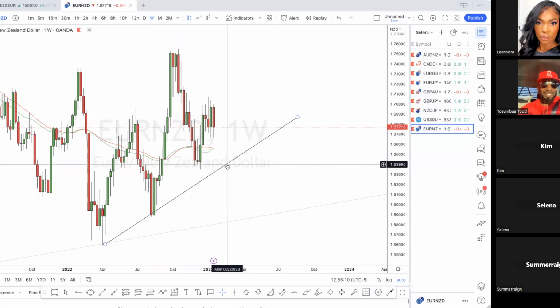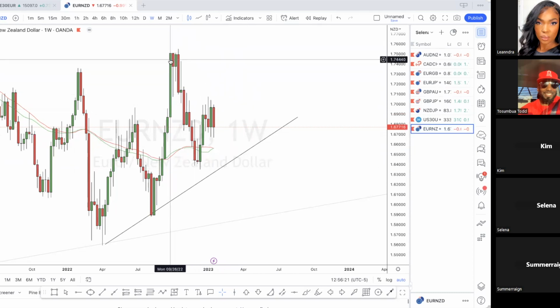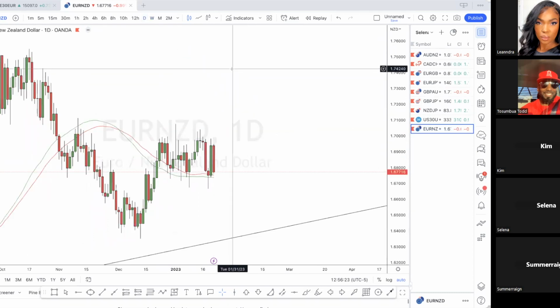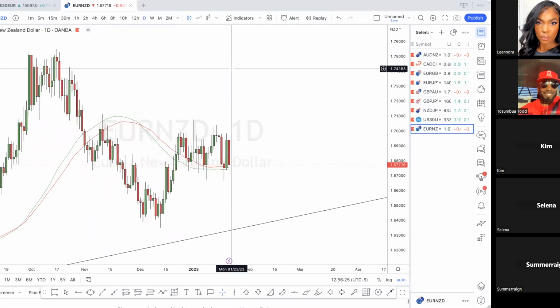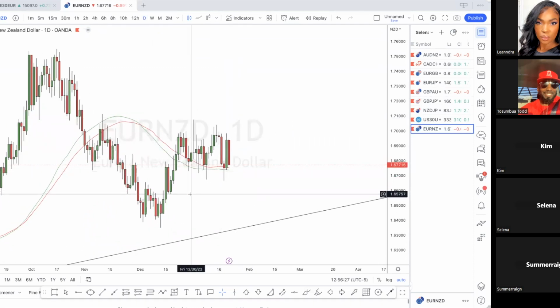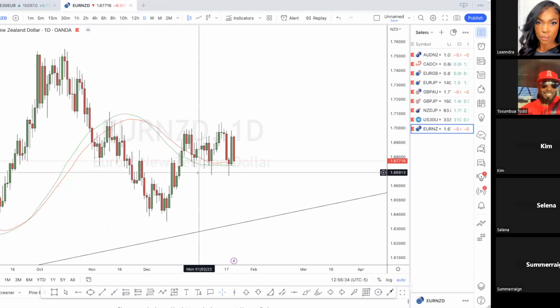So maybe it's gonna come back and sweep this low and then buy out. Let me look at the daily. There's no imbalance, nope. There's imbalance here that it's tapped into.